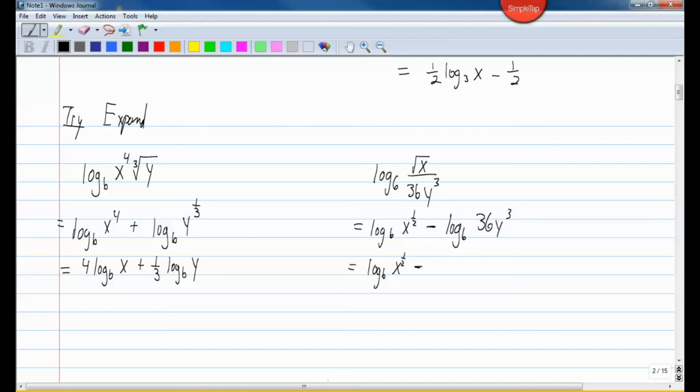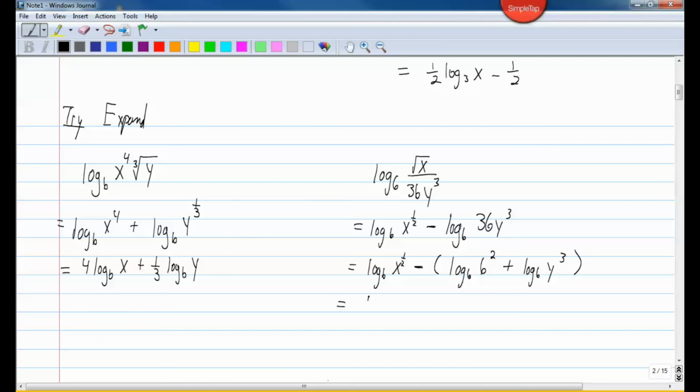I can apply the product rule, but again it's after this minus sign, so I'm going to just put all this in parentheses. Log base 6 of 36, and you can write 36 as 6 squared so that you can actually evaluate that, plus log base 6 of y cubed.